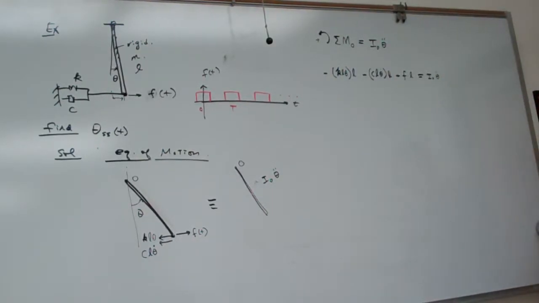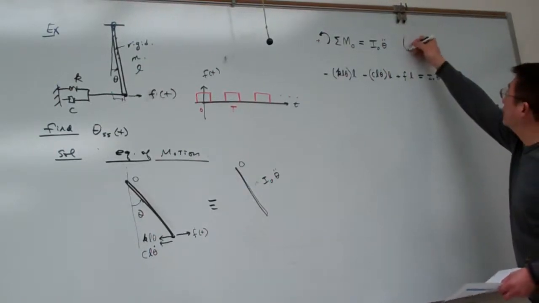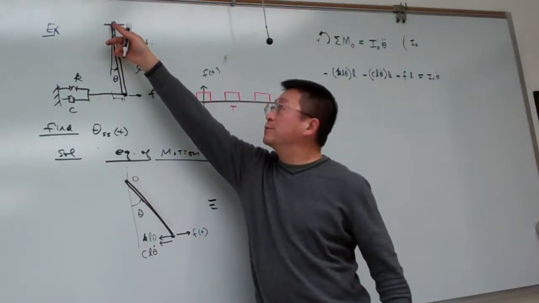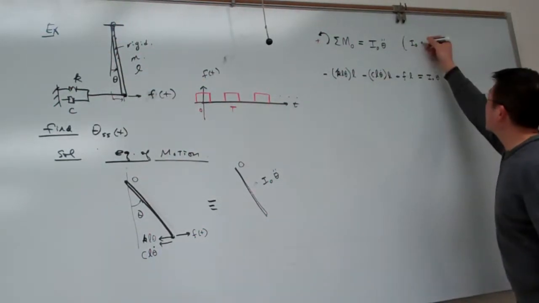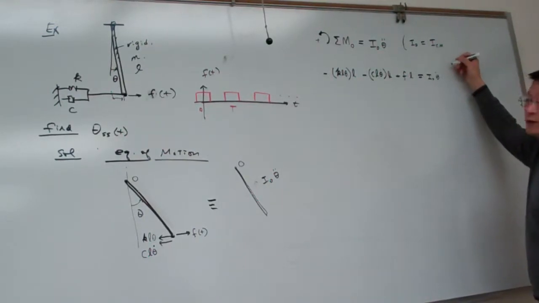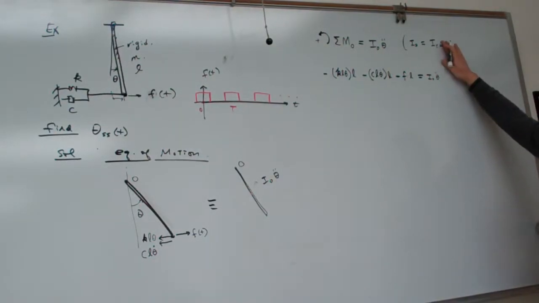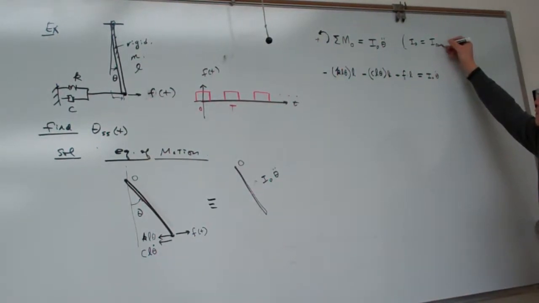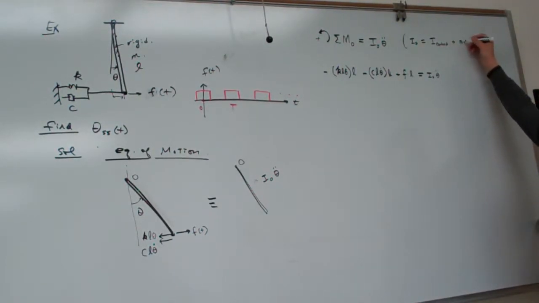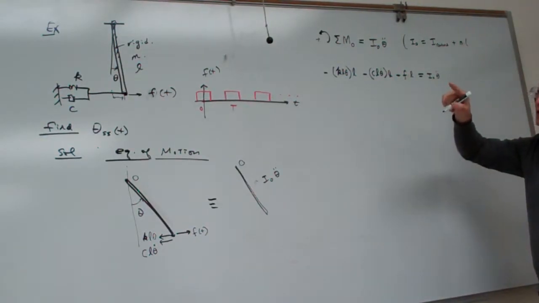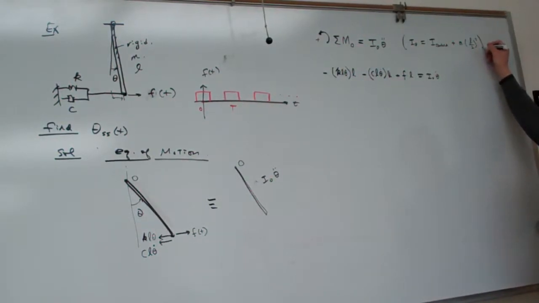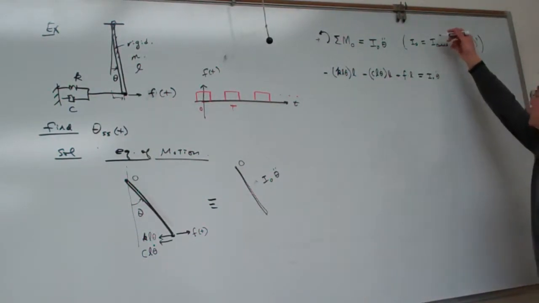And what is I_O for this one? The I_O of the straight beam about the pivot point is equal to I about its center, the centroid, plus the mass multiplied with the distance from the centroid to the pivot point. That is the formula here. What is the centroid term?